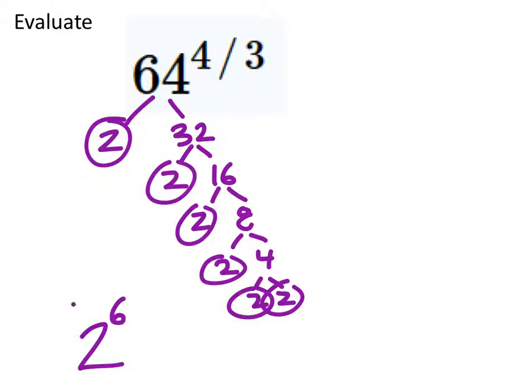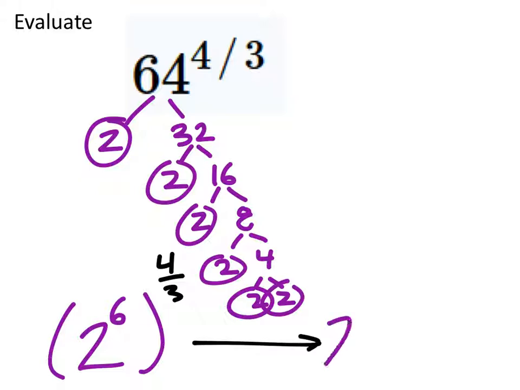2 to the power of 6. And we're going to take that to the power of 4/3. Well, the only reason I would do that is to multiply the exponents. So I've really got 2 to the power of 6, and I'm going to multiply the 6 by 4/3. If it helps, look at that as 6 over 1. And the 6 and 3 will simplify to 2 and 1.